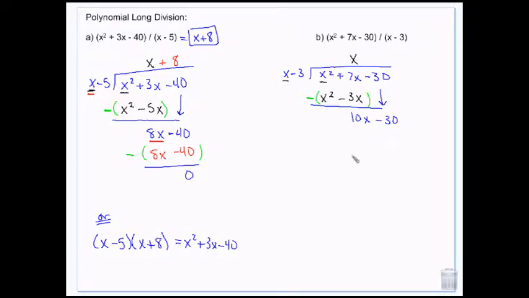Bring down that minus 30. And then I want to know what do I multiply to make an x into a 10x? I'm going to multiply by 10. And that's going to give me 10x minus 30, which if I subtract, gives me 0. So that gives me x plus 10.